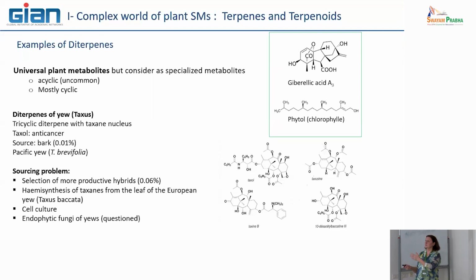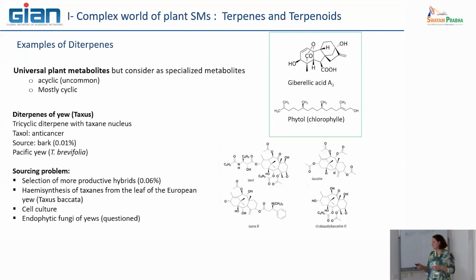There are other types of diterpene that are very important, and unfortunately, they are produced only in a specific part of the plants. For example, taxus, it was only in the bark, not in the stem, not in the leaf. It would be interesting in the leaf, but not in the bark. So in this way, the sourcing of this molecule will always be a problem. So we need to find a solution.